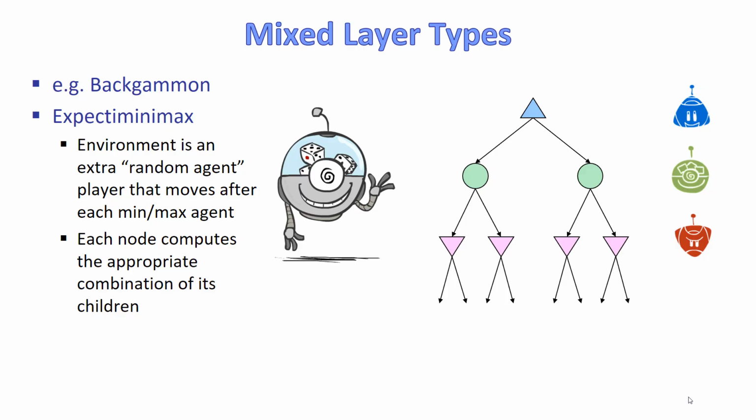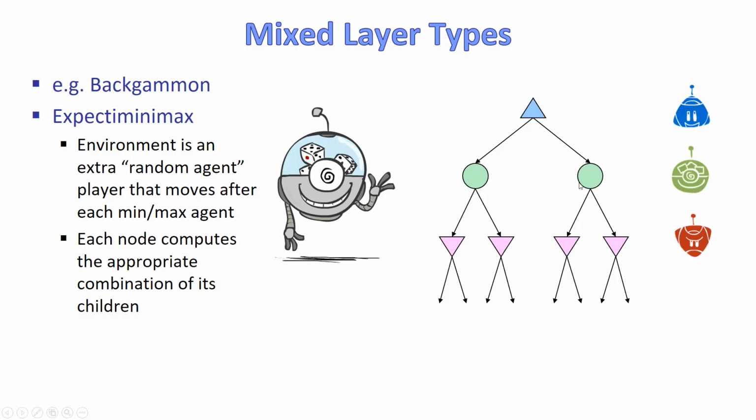In that game, you can assume that you play your turn, and then there is a roll of dice, right? And based on that, the other player is making a move, or is taking his turn. So you can assume that there is a random agent in between. If you think about the levels of the search tree, that level is your level as an agent.